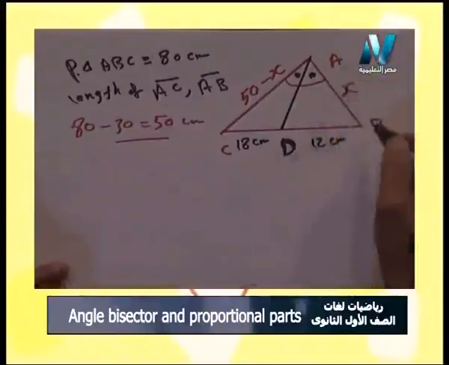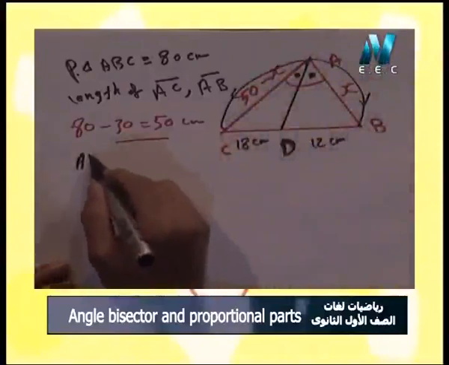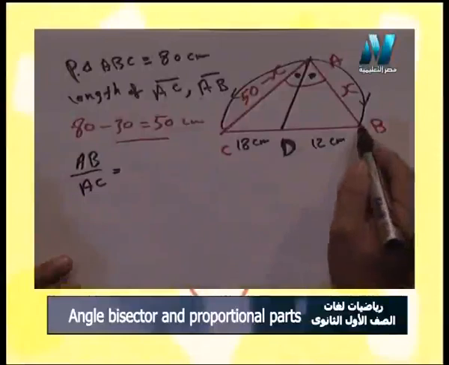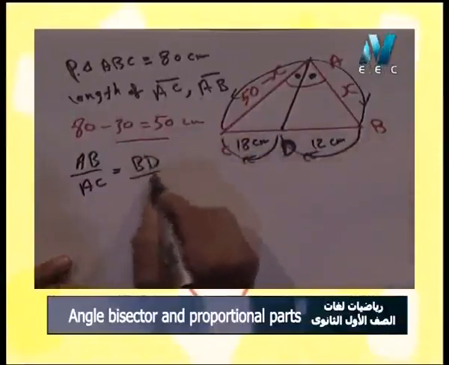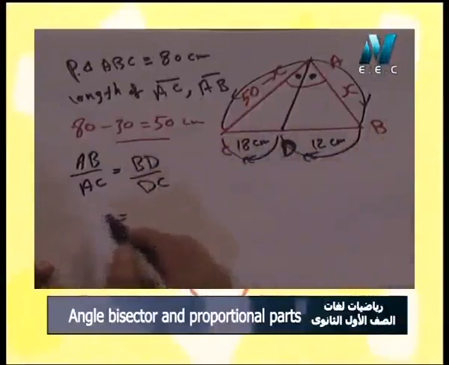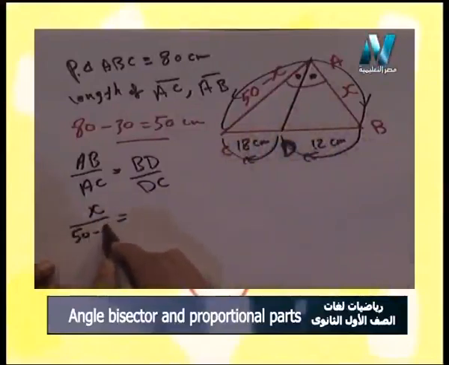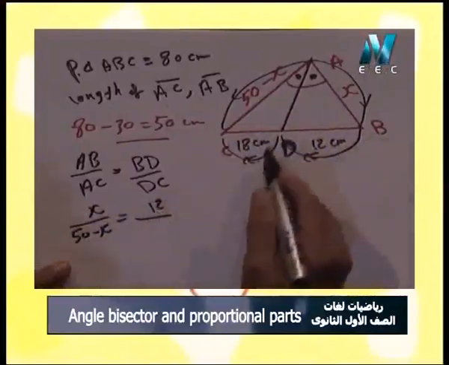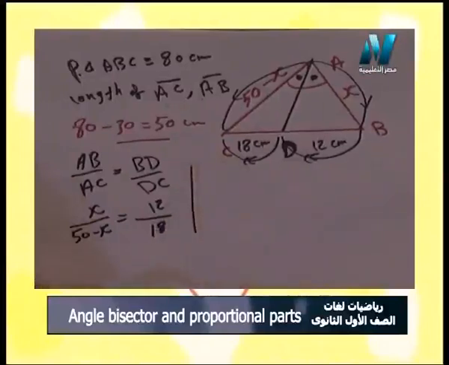We have AB over AC will be equal to BD over DC, and AB equals x, AC equals 50 minus x, BD equals 12, and DC equals 18.